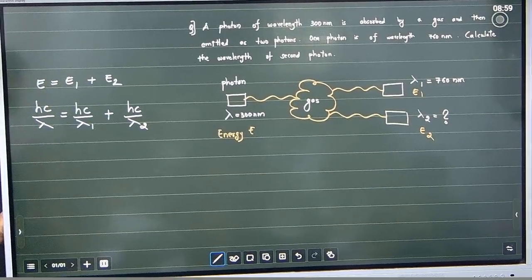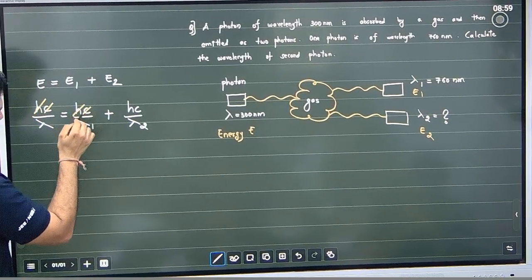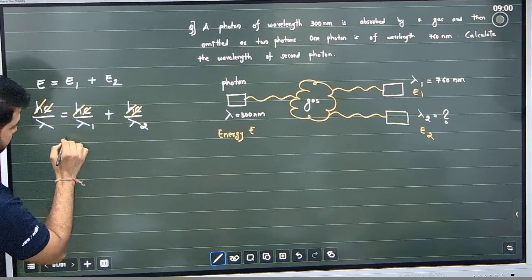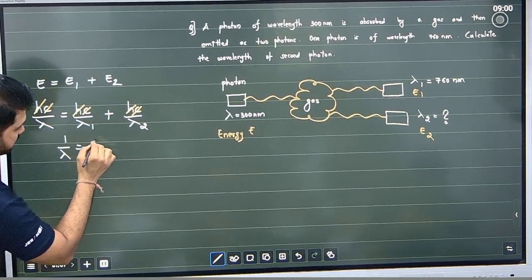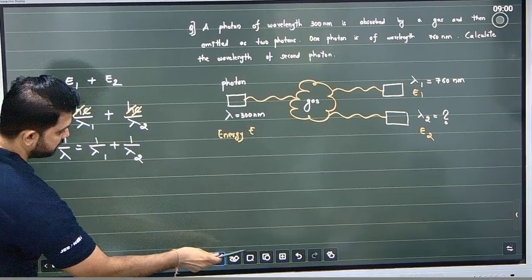Do you see something common? hc. We can cancel that. So now what are we left with? 1 over lambda is 1 over lambda 1 plus 1 over lambda 2. Bolo re.